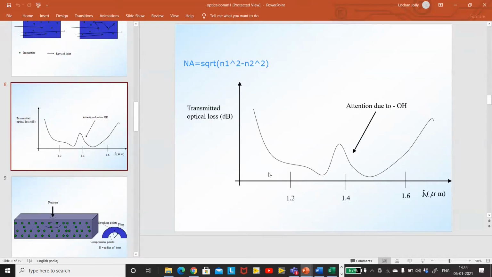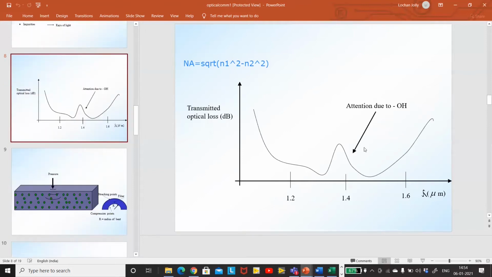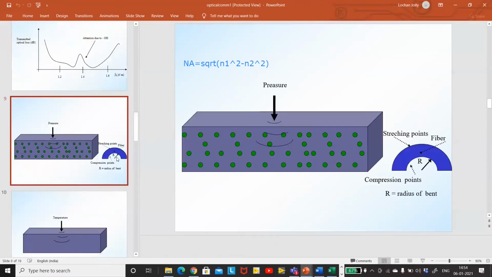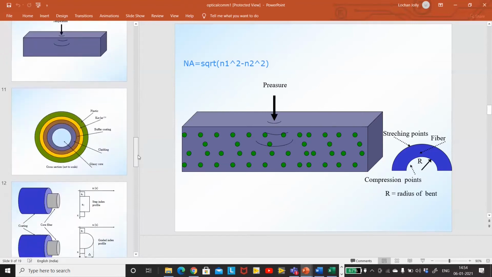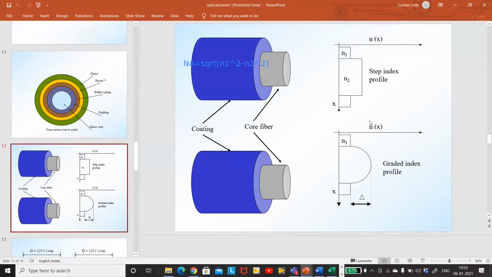The reason, as is obvious from the plot, is that they have the lowest loss and therefore they are the windows. These are actually the second and third windows of optical communication. The first window is around 850. The other reasons for losses in the fiber are pressure or stress at the curves when you are laying down your networks, and temperature variations. Then we came across the refractive index profile, the step index and the graded index.